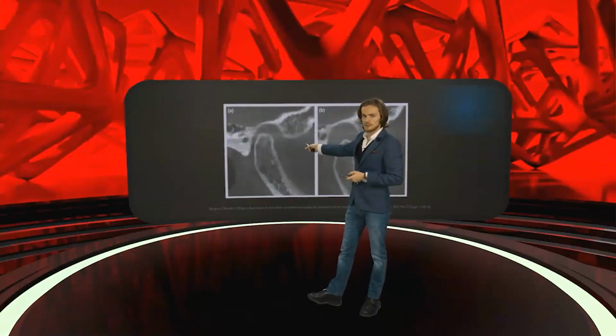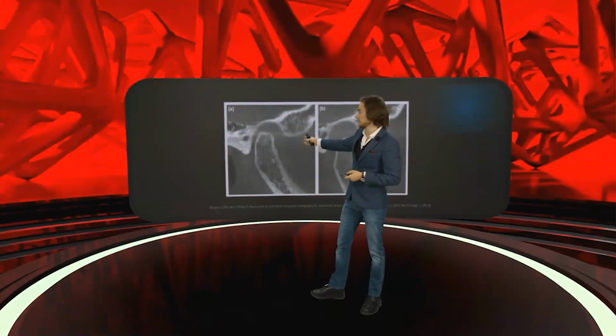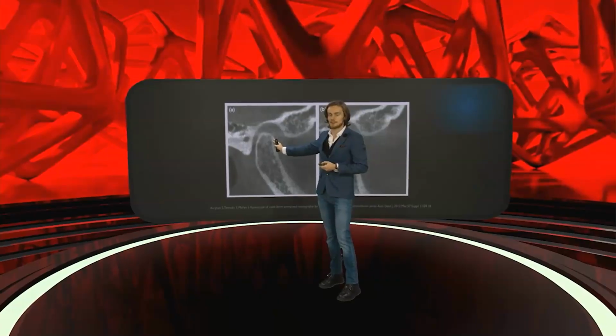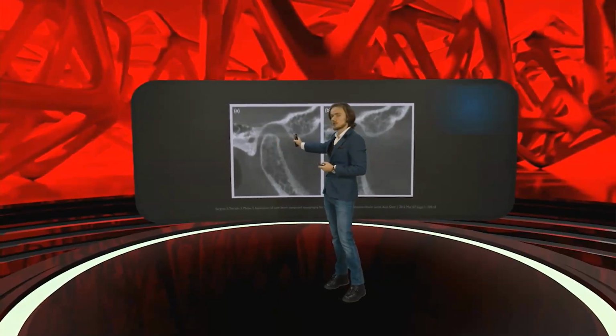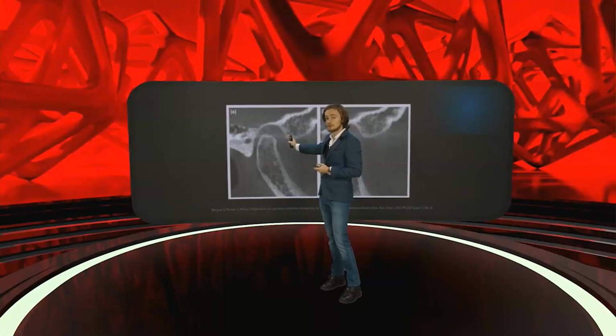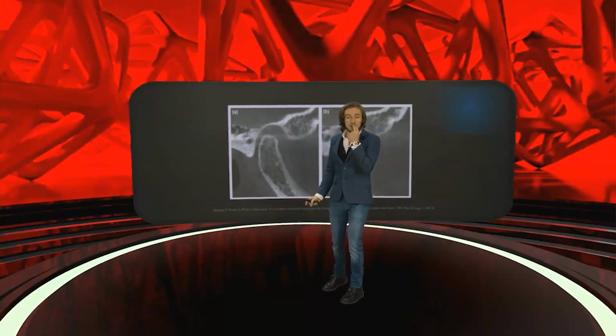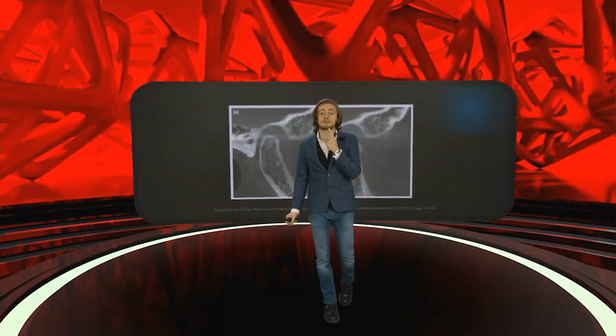When you look at this condyle, what would you think? Probably distalized, right? So after splint therapy, maybe this patient would go a little bit forward. So maybe you could get the initial contact on the frontal teeth.